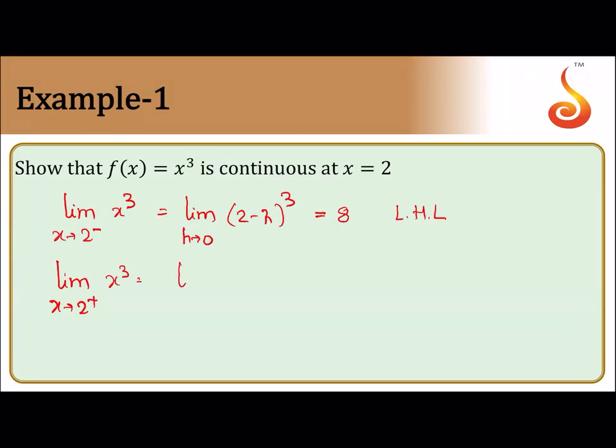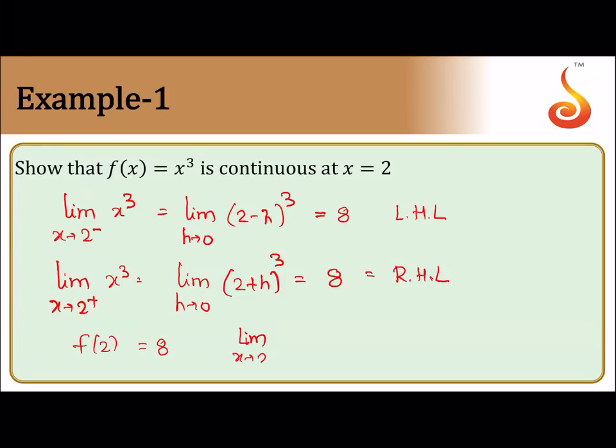This is the left hand limit. So limit x tending to 2 plus x cube is equal to limit h tending to 0 of 2 plus h whole cube, which again gives 8. This is the right hand limit.